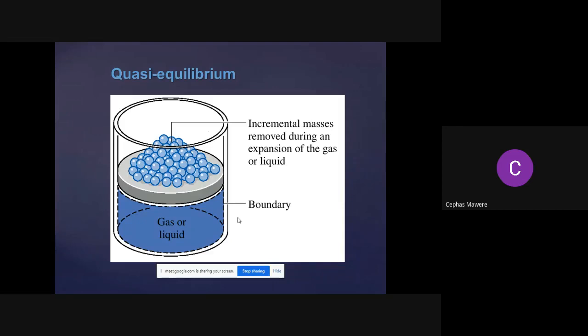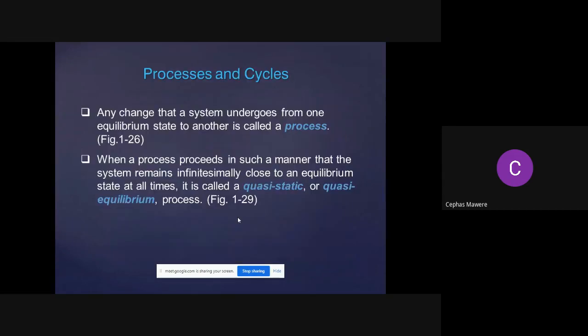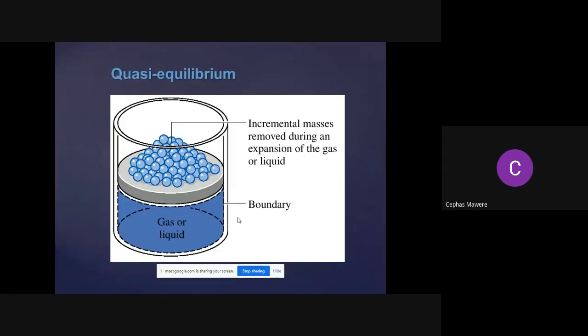Like I said, when a process continues in that manner, where it remains close to an equilibrium state at all times, we say it is a quasi-equilibrium process that is taking place there.